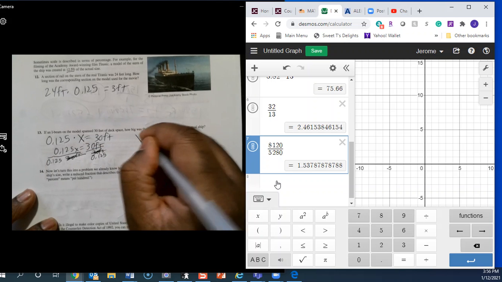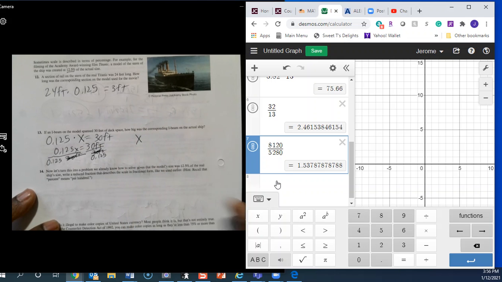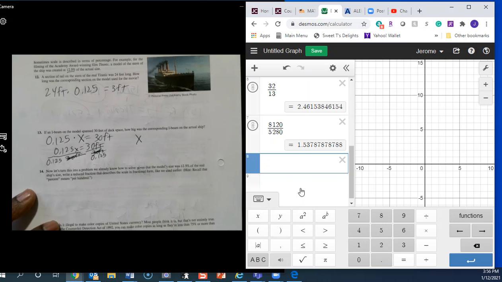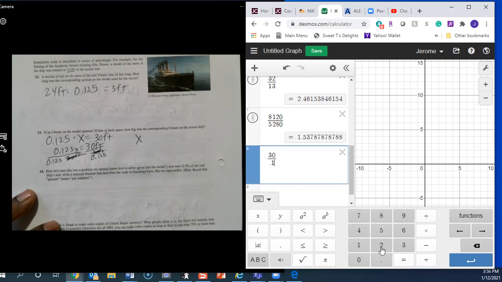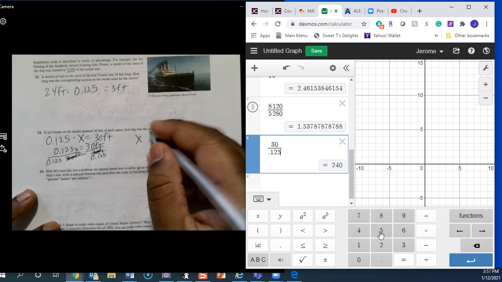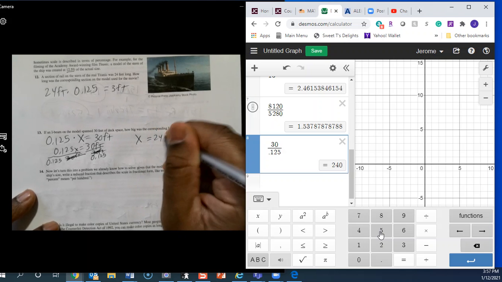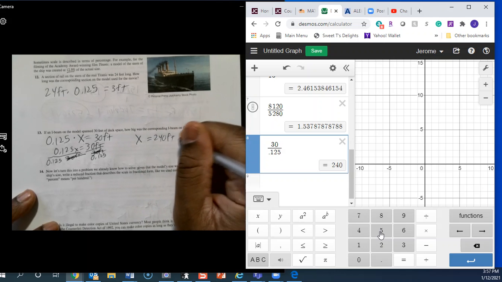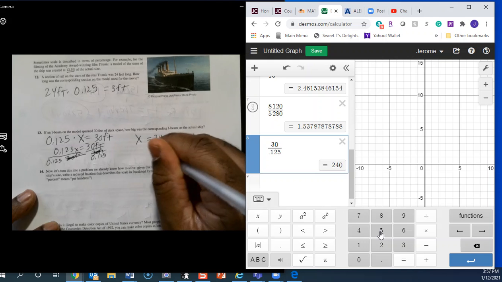So we will be left with x. And let's see if this is going to be approximation. So we have 30 divided by 0.125, which would be 240. So x is equal to 240 feet on the actual ship.